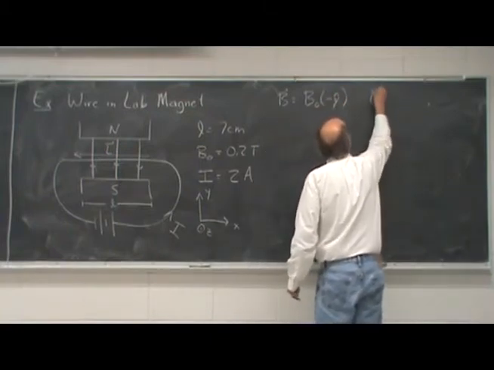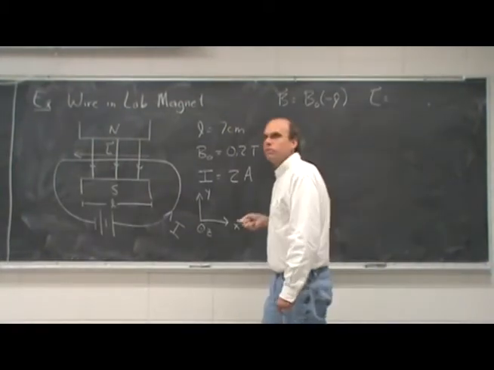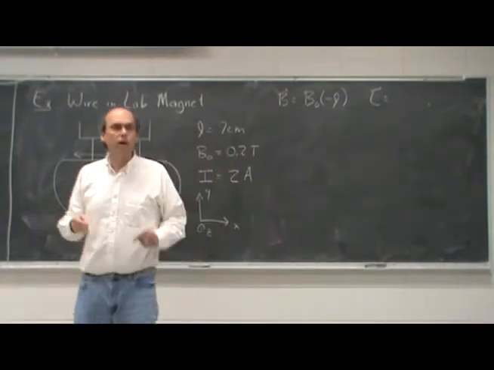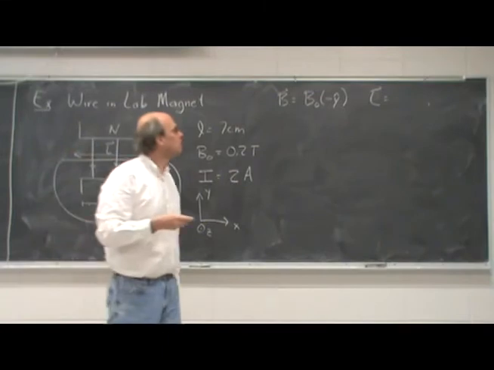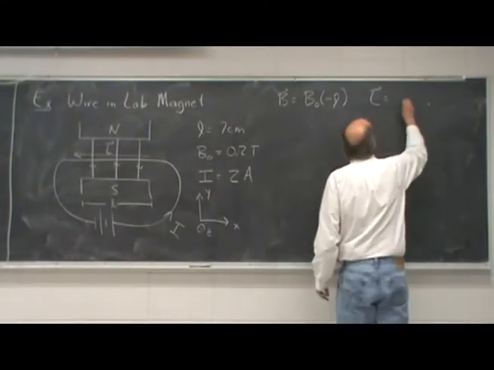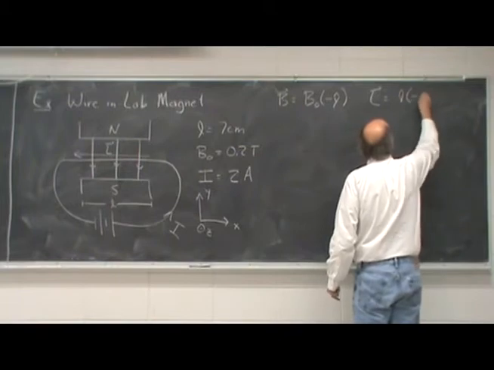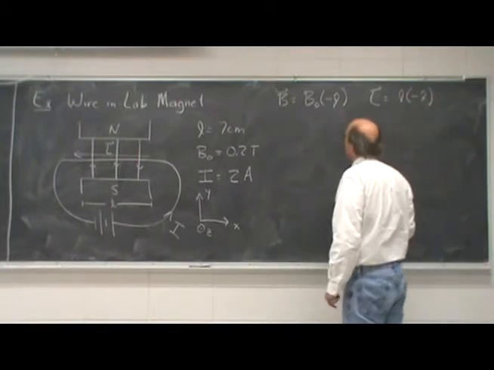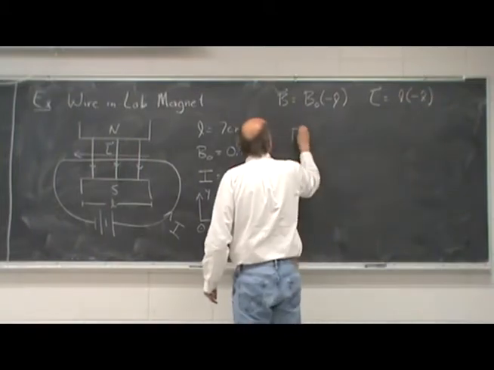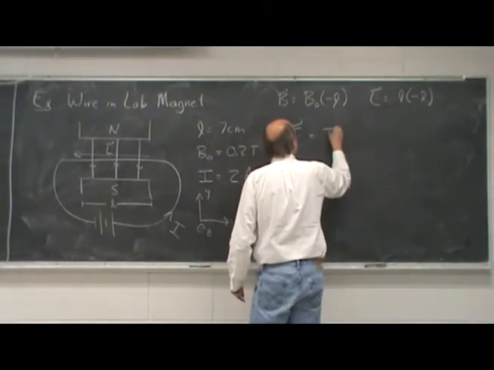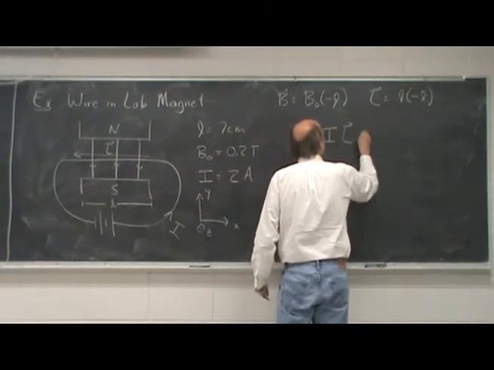The vector L is a vector from one end of the wire to the other, but only the part that feels the field, the part in the magnet. And it points in the minus X hat direction, and it's L long. So the force is the current, L cross B.